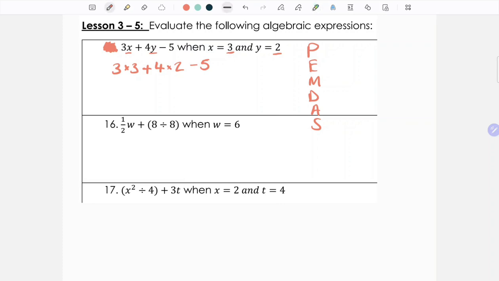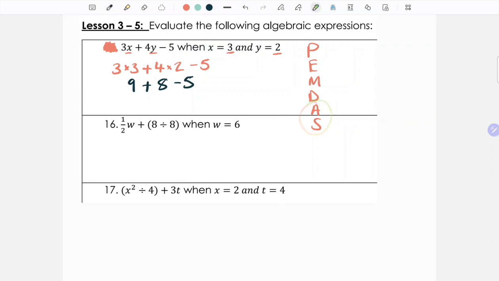So next thing we're going to do is any multiplication and division that we have here in this expression. So the multiplication we have is 3 times 3 and 4 times 2. So 3 times 3 is 9, and plus 4 times 2 is 8, and just write the rest of the expression. So now we're left with 9 plus 8 minus 5.